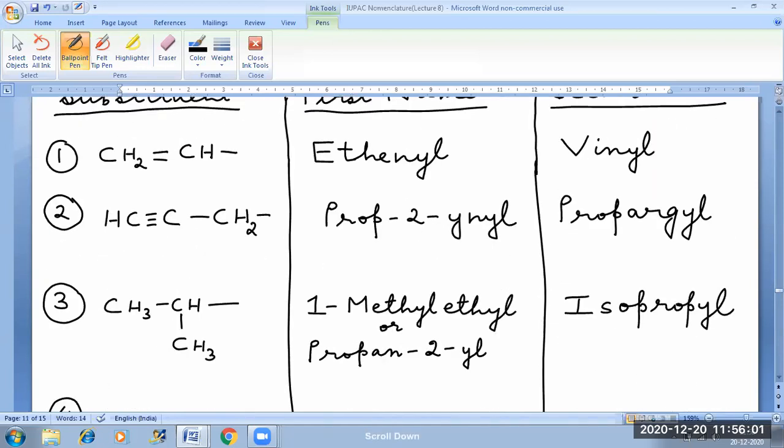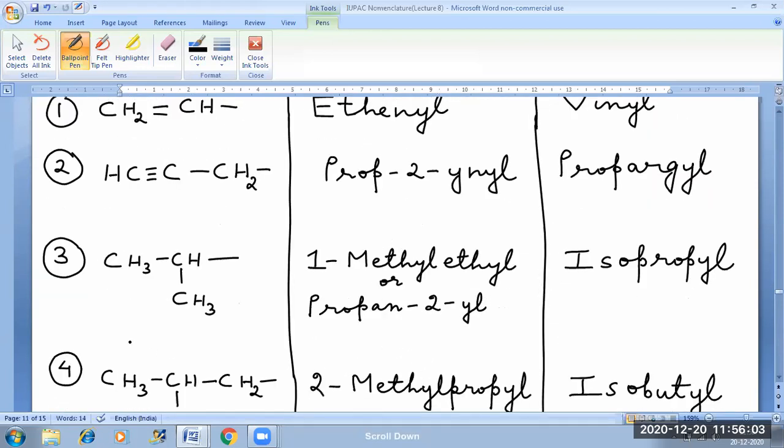So if I ask you, for example, the third one, we already learned it as 1-methylethyl. It's a complex substituent. When I taught you complex substituents, we learned this type of thing. That is, this is 1 and this is 2. And then you say this is 1-methylethyl.